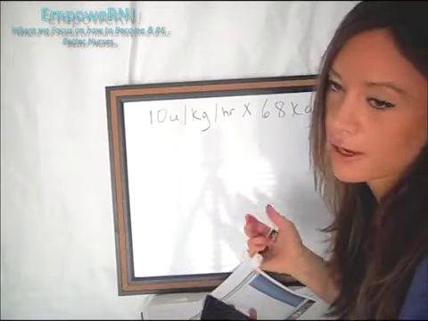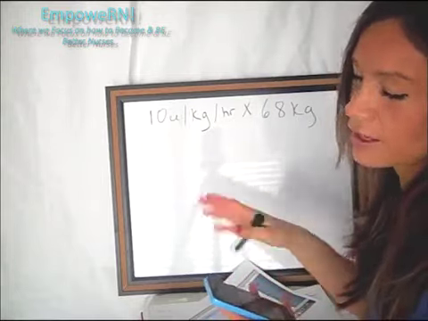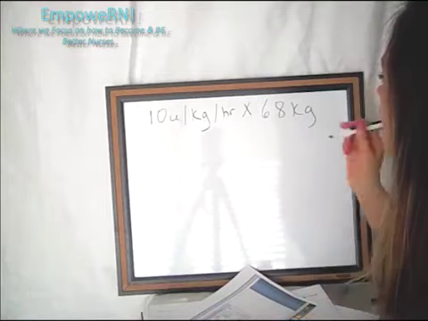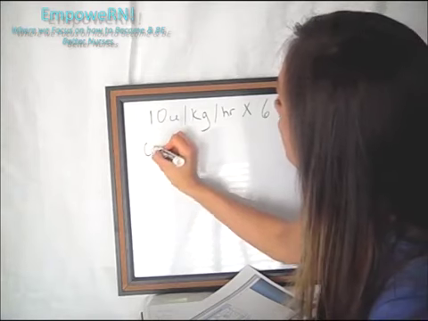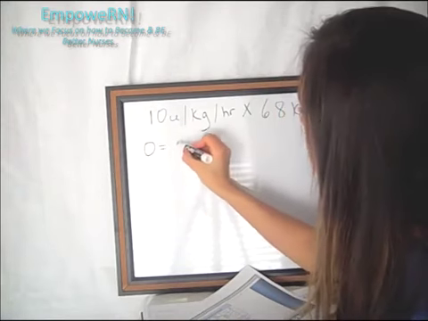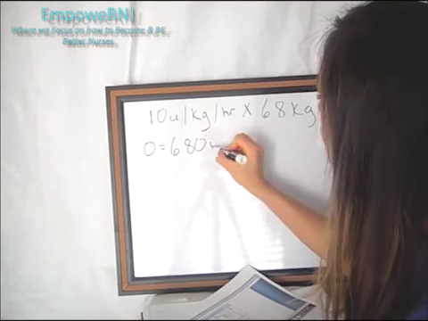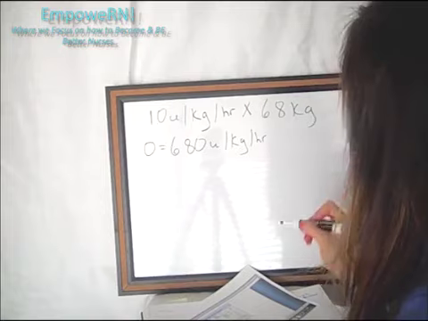I know you can do this in your head, but I just like to double check myself because it is a medication drip. So you're going to get 680. So that's basically your ordered dose. So ordered is 680 units per kilogram per hour.